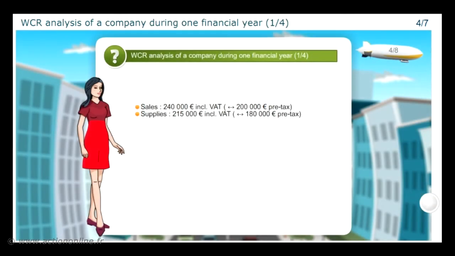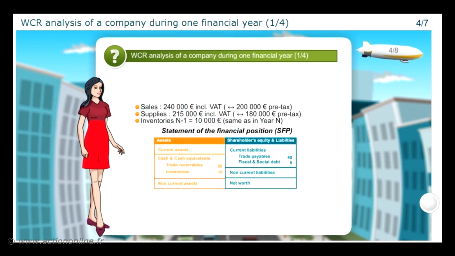A company has a sales turnover of €240,000 VAT included, which means €200,000 VAT excluded, and purchases of €180,000 VAT excluded, which means €215,000 VAT included. The stock level for year N-1 is equal to €10,000 as for year N.